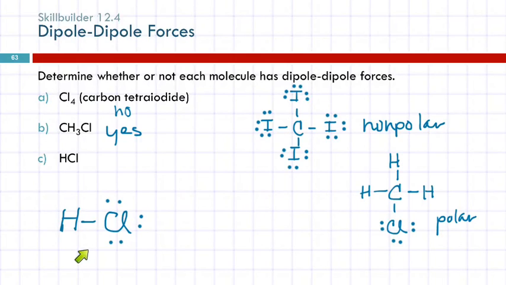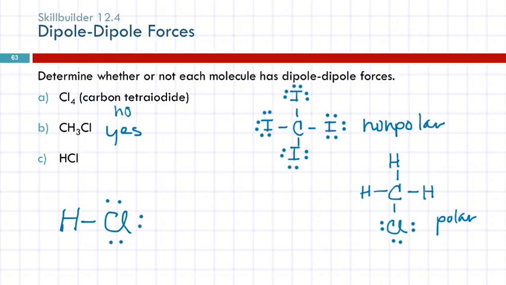How do you tell if the bond's polar? The charge. Well, electronegativity, right? But what works most of the time is, are those two elements different? Yeah, then chances are excellent that that bond is polar.